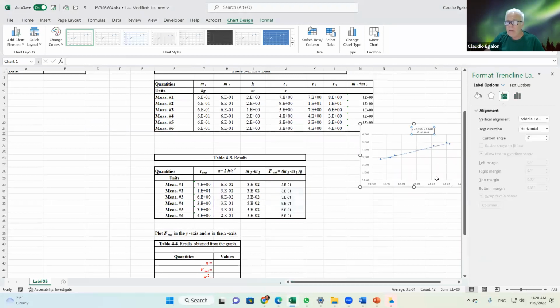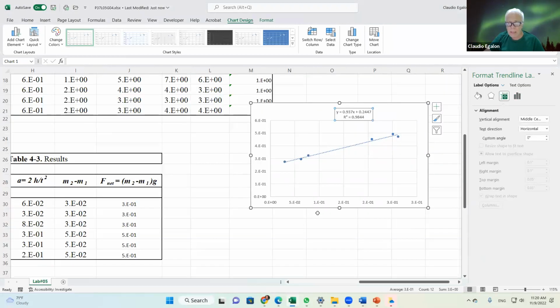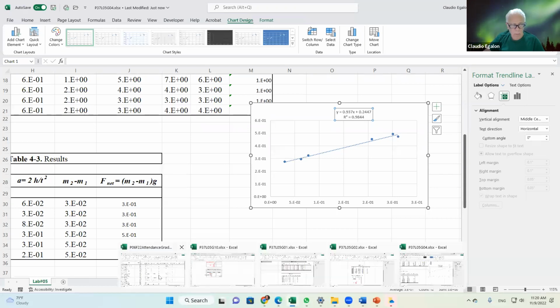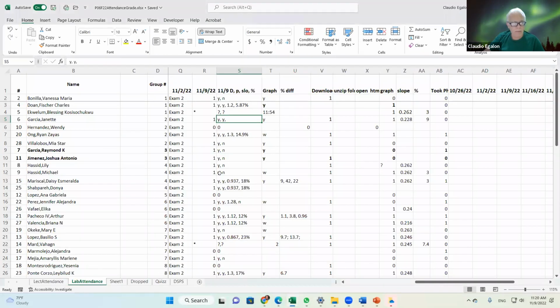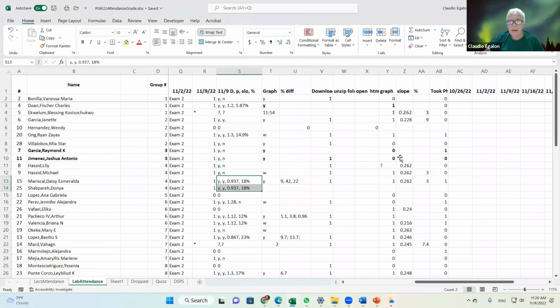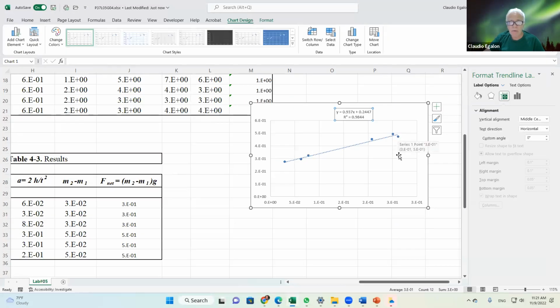It seems to me that this data point here is an outlier. That's what it looks like to me. That's why the slope is going down. That's group number 4, and that's why you're getting an 18% difference. Let me see if we can get a better slope.